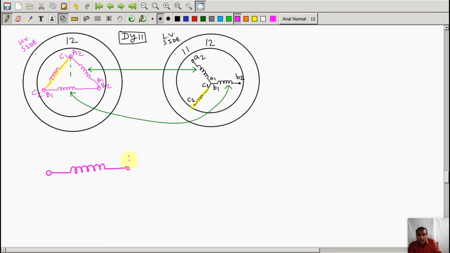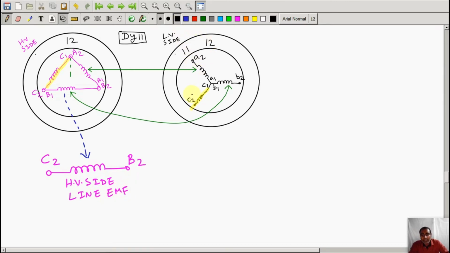This is your B2, this is your C2, coming straight from here. Okay, B2C2. So this is your HV side line EMF, or you can say line voltage, line to line voltage, HV side.